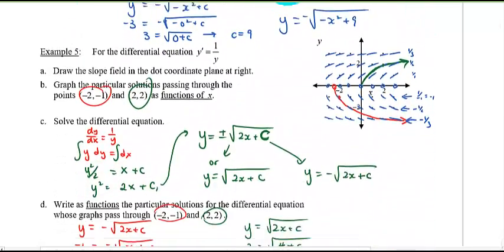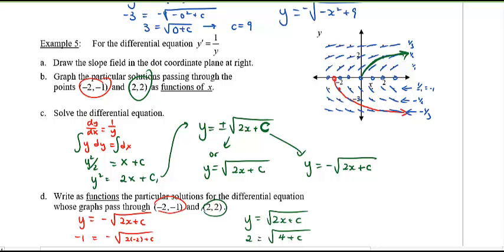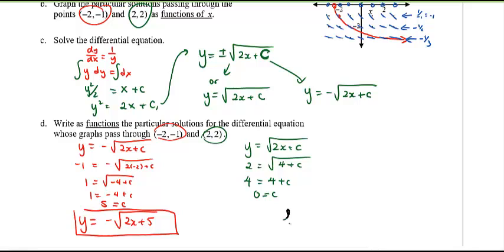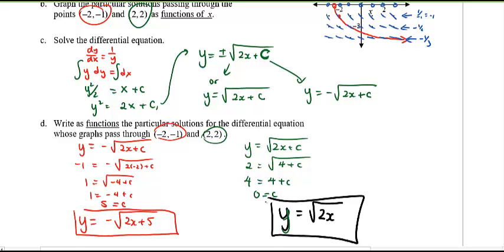I have made it so that it goes pretty much to the origin. So y equals the square root of 2x. Yay. Okay? So if you got all those, give yourself a pat on the back. And if you didn't, make the corrections, please.